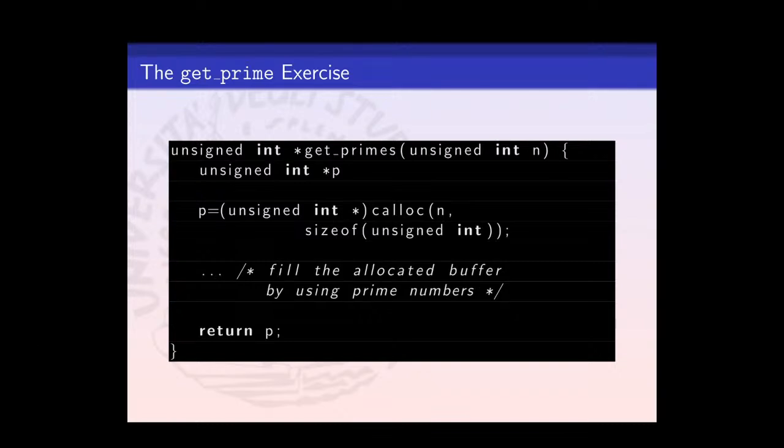And to do it, we use the typecast. The typecast is meant to tell our program that the memory location that we have just allocated is not meant for general use, it is used to deal with unsigned integer values.